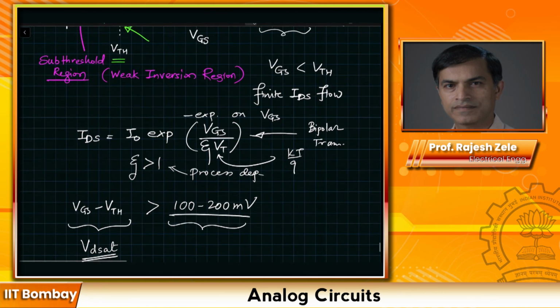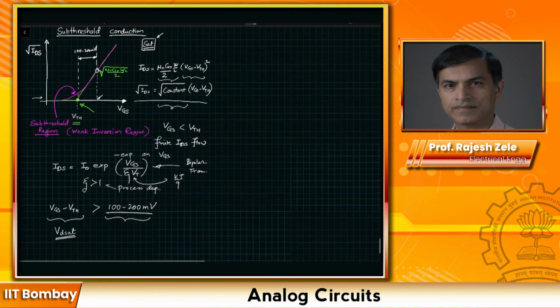Another insight is if VDSAT gets close to 0, that means your VGS is coming close to VTH, so you are coming close to this part of the curve. So we want to keep VGS minus VTH, which is the VDSAT of the transistor, more than 100 millivolts at least to keep away from this region.